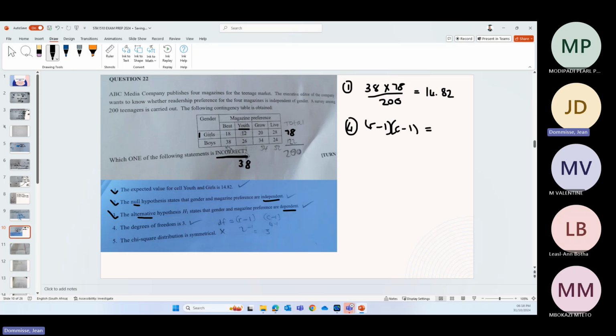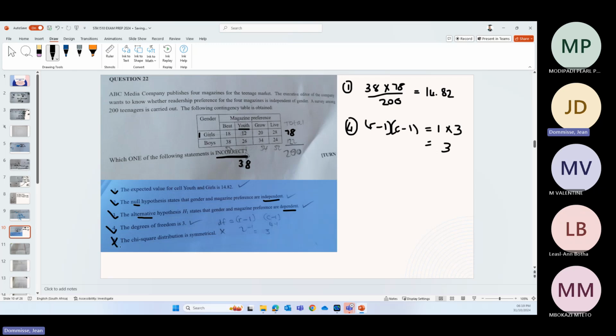So rows are 2 minus 1 is 1. Columns are 4. 4 minus 1 is 3. So 1 times 3 is 3. That is correct. Okay, and then chi-square distribution symmetrical.